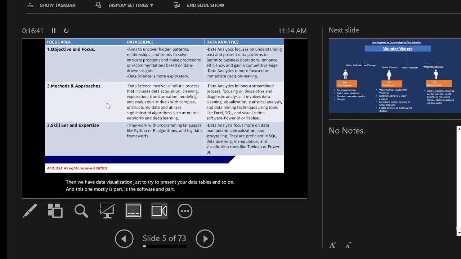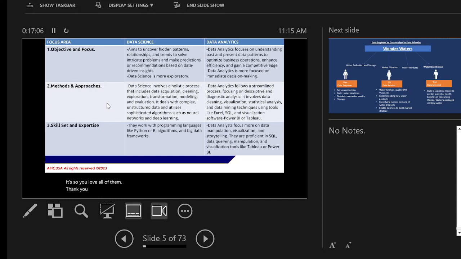Then now, what are the skill set and expertise of these two different kinds of people? Data scientists work mostly with Python. You saw in the curriculum we have Python there, or algorithms, and big data frameworks such as Hadoop and so on. You learn all of them practically.